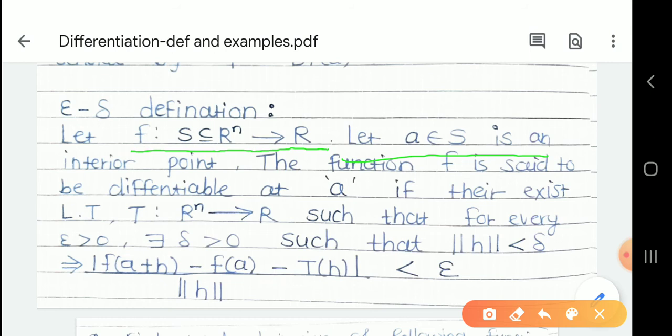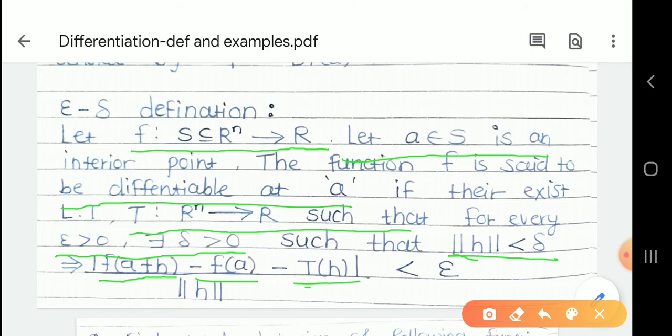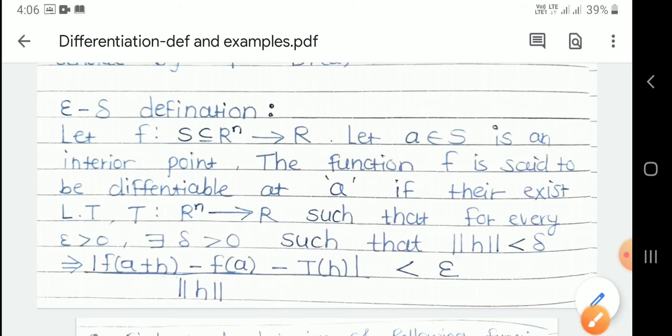So A is a point in Rn and f is said to be differentiable at A if there exists a linear transformation Rn to R such that for every epsilon greater than 0 there exists delta greater than 0 such that if norm h is less than delta, then modulus of f of a plus h minus f of a minus T of h upon norm h is less than epsilon. Okay, this is the epsilon delta definition of total derivative.